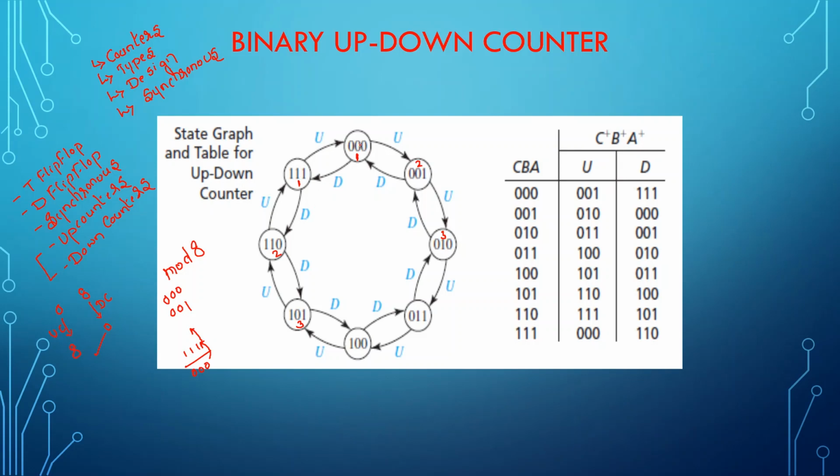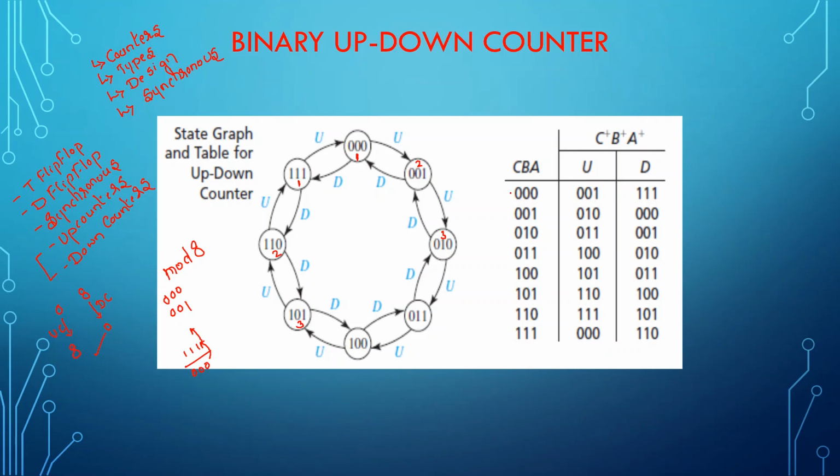As it is a design of an up-down counter, what we have done is we have taken a single state table, and in that one single state table we have designed the up counter as well as the down counter. The table you can see here shows the inputs, or the flip-flop inputs or states of the counter, which occur when the count is going in the upward and downward fashion.